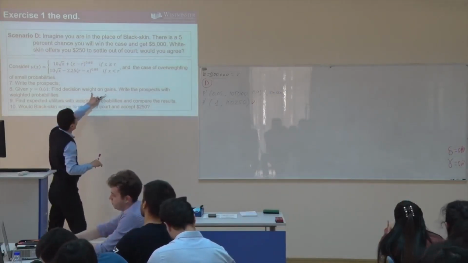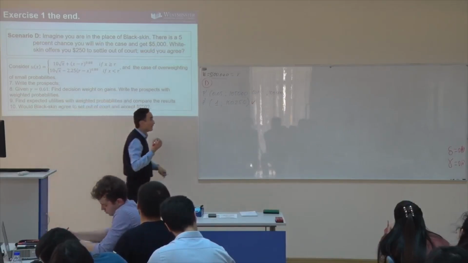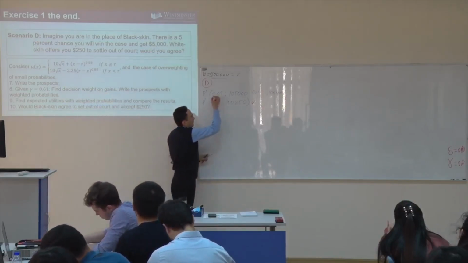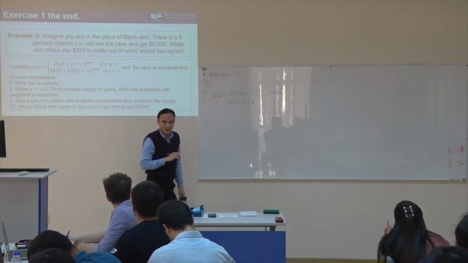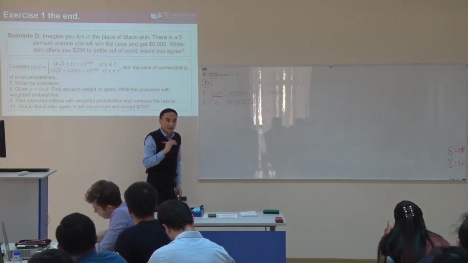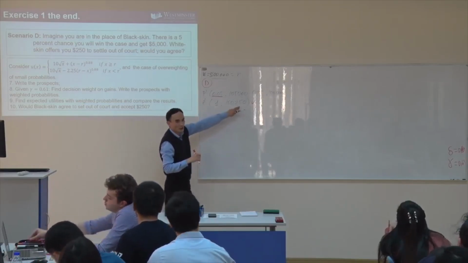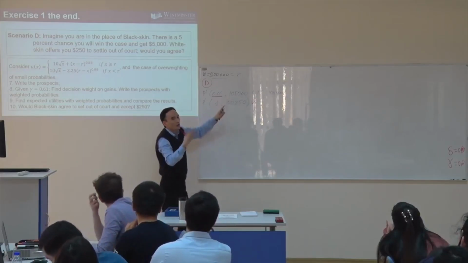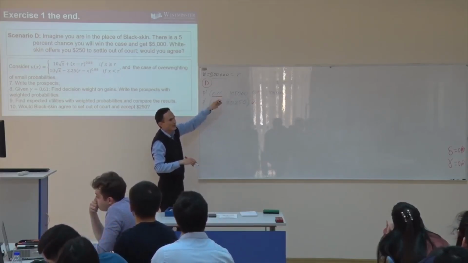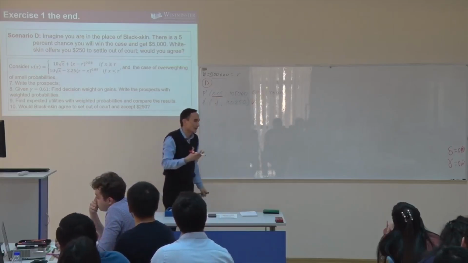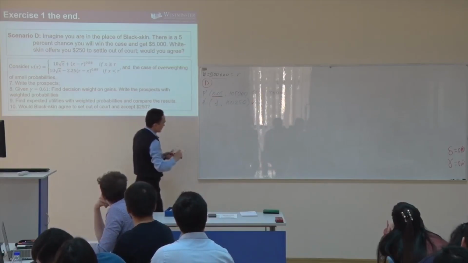Now we have to find weights on gains. What we are considering is that even though the probability of winning is 5%, because it's a small probability and the offer is small, that lady is overweighting this small probability, thinking that the chance of winning is greater than 5%. So now we will consider that case.